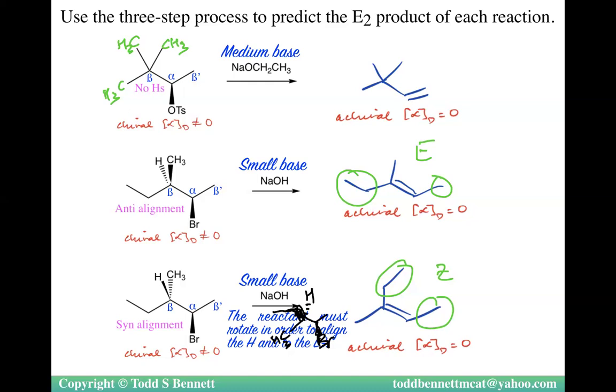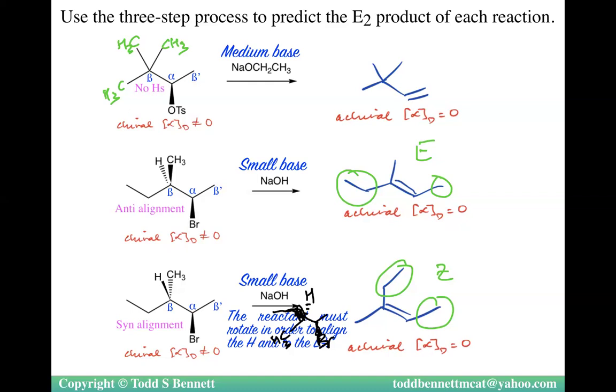So different diastereomers will lead to different geometrical isomers, and you still end up having the chirality influencing it. So it's optically inactive, but they are still stereoisomers. You have an E as opposed to a Z. So key things, lots going on here.